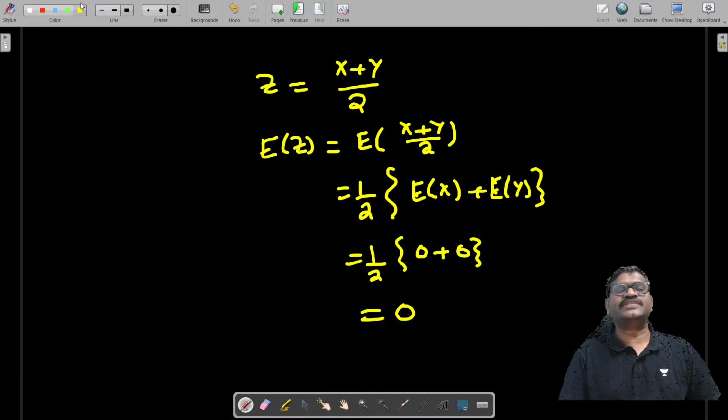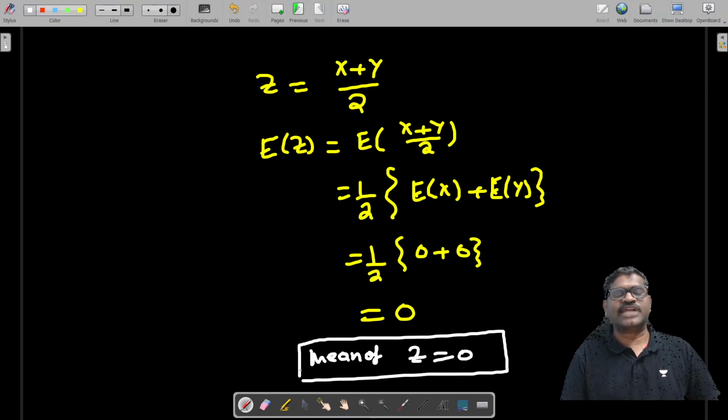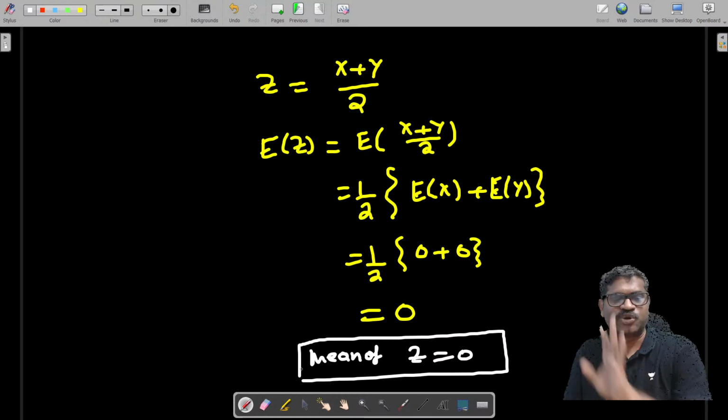Therefore, mean of Z is 0. Clearly, Z follows normal distribution with mean 0.